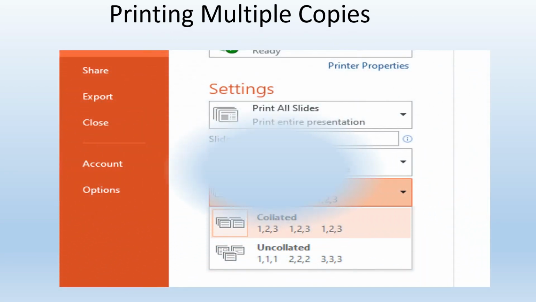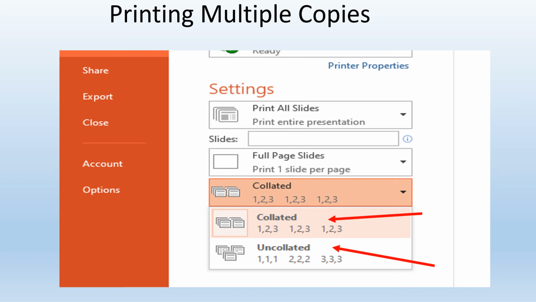And you can print more than one copy. Those copies can be collated or uncollated. Collated means you will get the first page, second page, third page, and again the first page, second page, third page, in that order. Uncollated means you will firstly get all the first pages, then all the second pages, and then all the copies of the third pages.